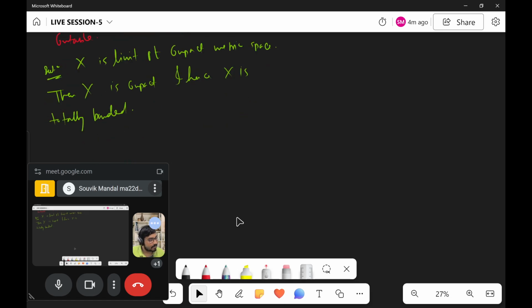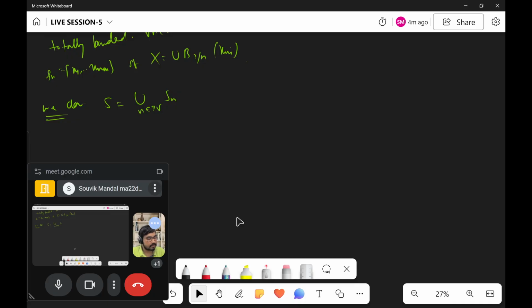Now, this tells us for each n belonging to N, there exists a finite set S_n = {x_1, x_2, ..., x_k} so that X is equal to the union of B(x_i, 1/n). We claim that the set S = the union over n belonging to N of S_n is dense in X. How to do that?